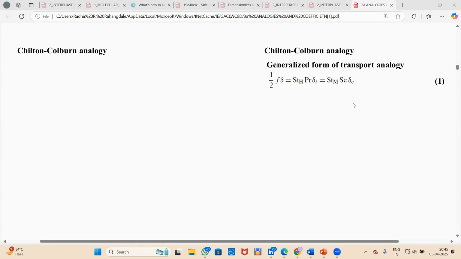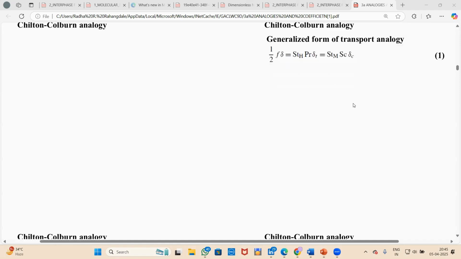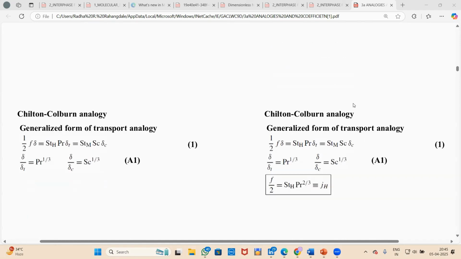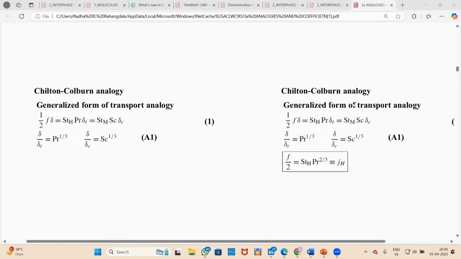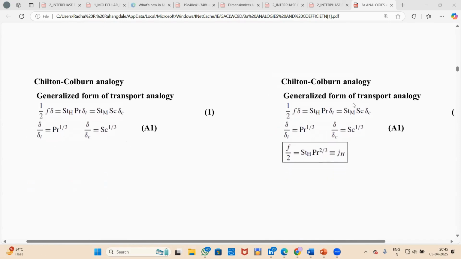As we have seen, the generalized form of transport analogy is f/2 δ = Stanton number for heat transfer × Prandtl number × δ_T = Stanton number for mass transfer × Schmidt number × δ_C. Here, we will divide δ by δ_T and write it as Prandtl number to the power 1/3.